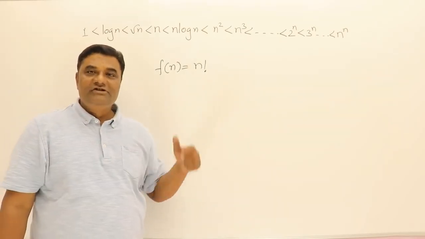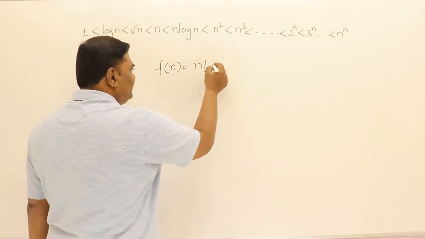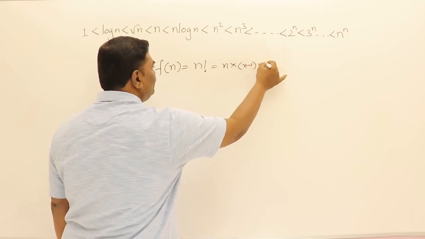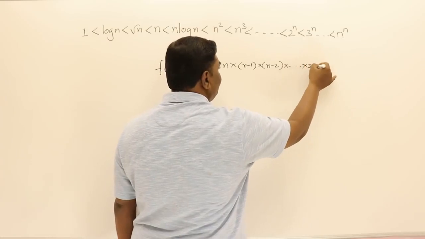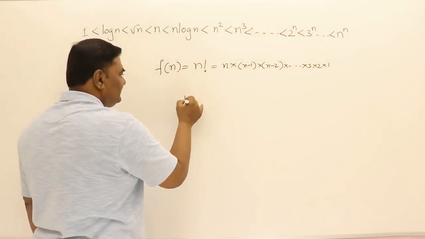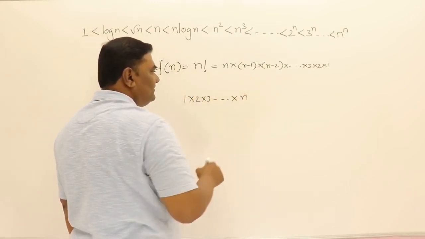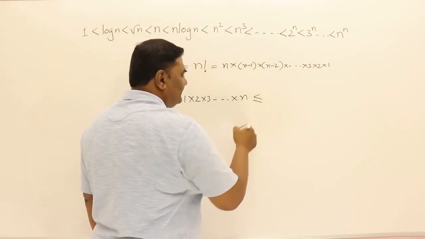Next, if a function is n factorial, then let us see. n factorial is nothing but n into n minus 1 into n minus 2 goes on to 3 into 2 into 1. So if I write in reverse, then 1 into 2 into 3 goes on to n. Now this is less than or equal to what?